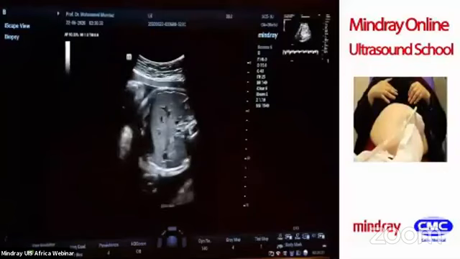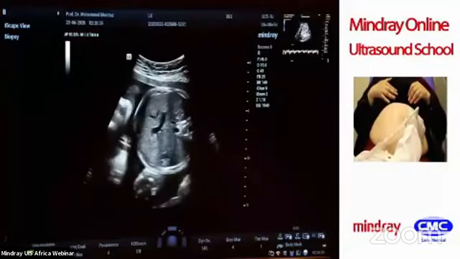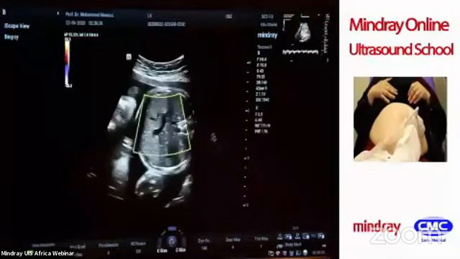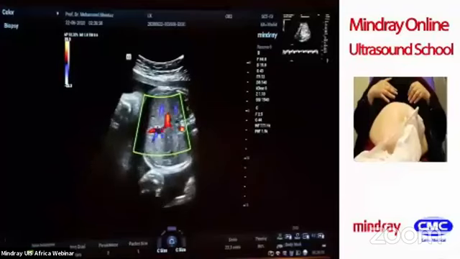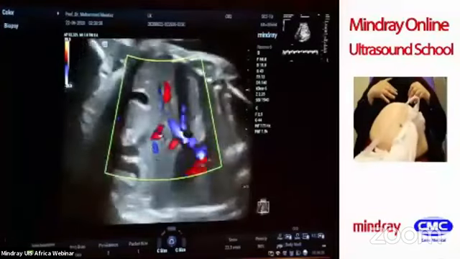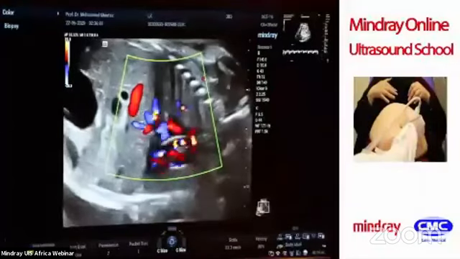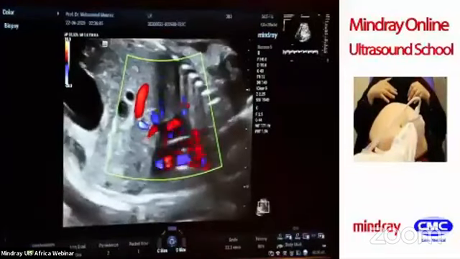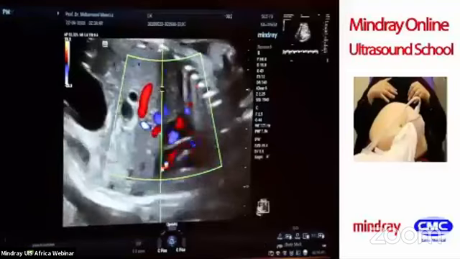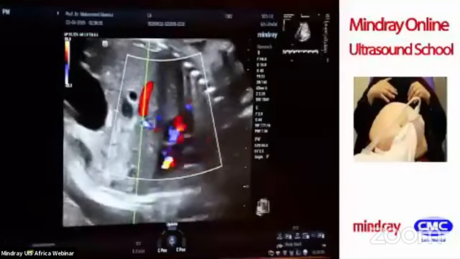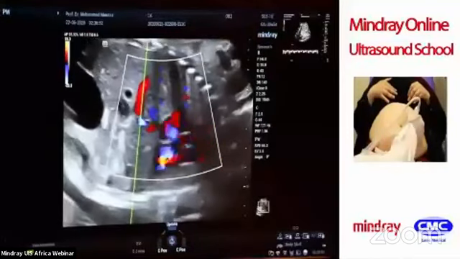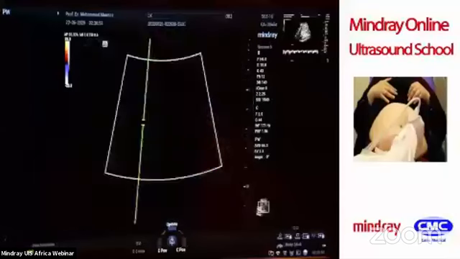Of course, in this case, you don't need to look for the ductus venosus, but I'll try to show you how to get it. It's a little bit difficult, but you can get it in the longitudinal plane and in the transverse plane. In the longitudinal plane, you will find a very short ductus venosus, you can see here, usually characterized by a turbulent flow.